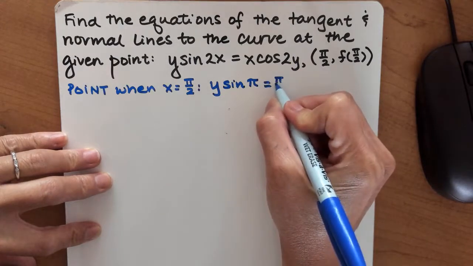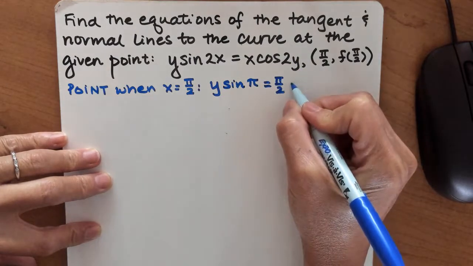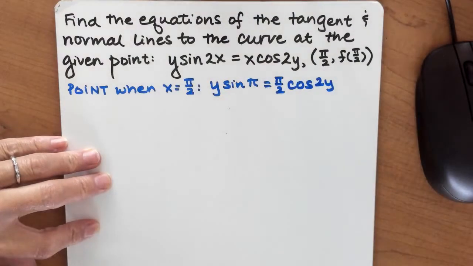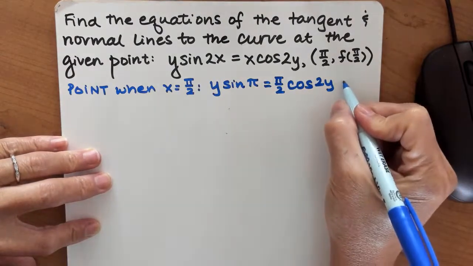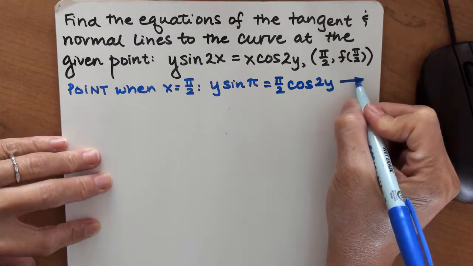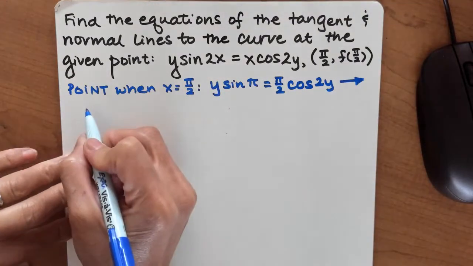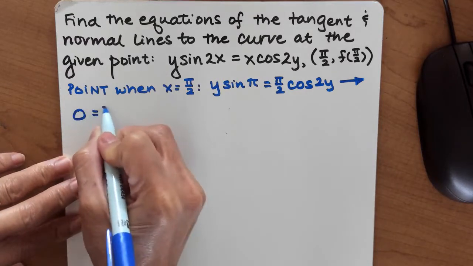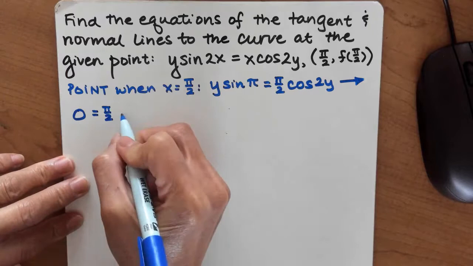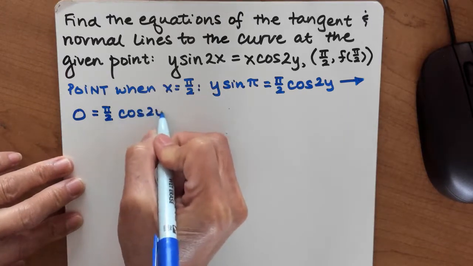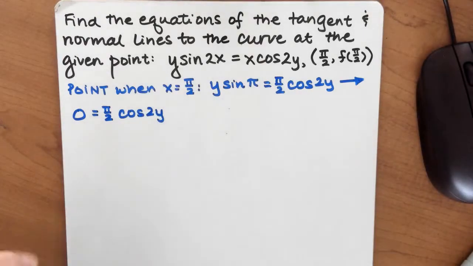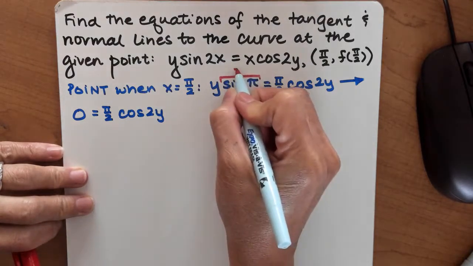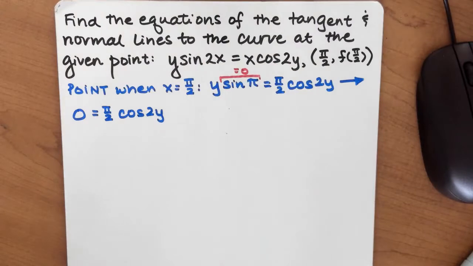And then over here I have pi over 2 times the cosine of 2y. Alright, so now the sine of pi is 0, so I'm going to get 0 equals pi over 2 times the cosine of 2y. And again, that is because this equals 0.